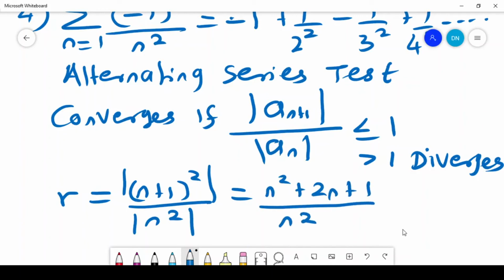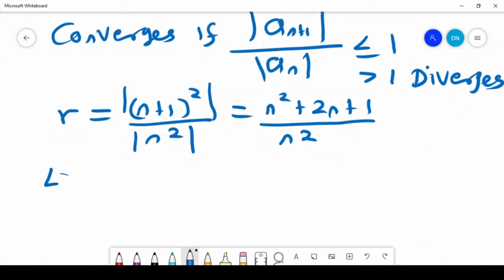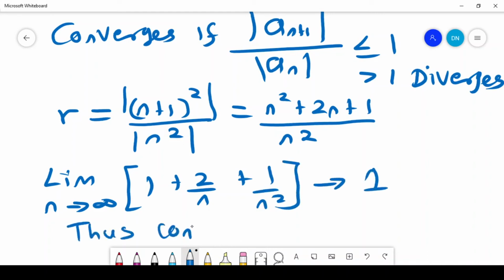So I can get the limit as n tends to infinity of 1 plus 2 over n plus 1 over n squared, and this will tend towards 1. So thus the series converges.